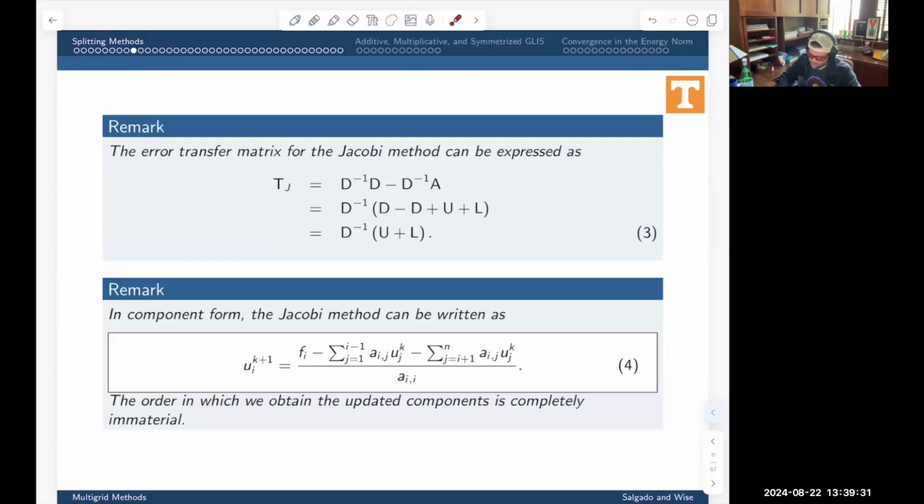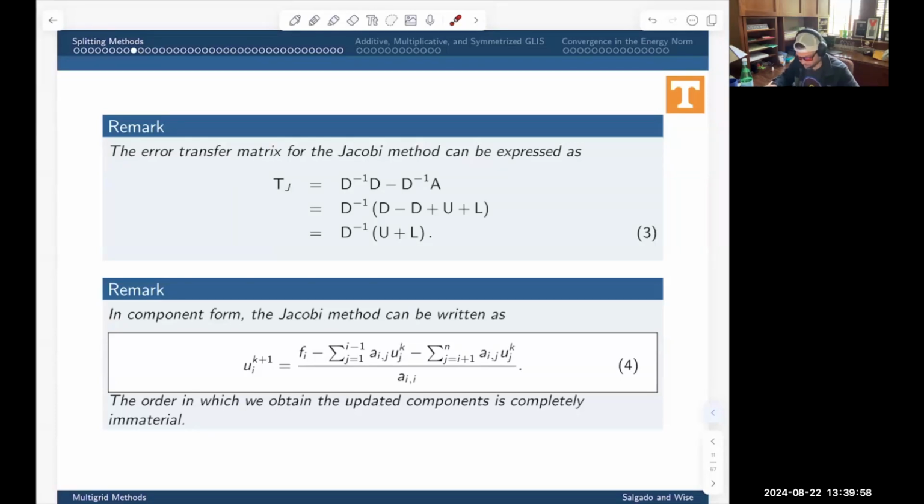So using the distributive property, D inverse times (D minus A), but A is equal to D minus U minus L, so minus A is equal to minus D plus U plus L. So the D's cancel. And lo and behold, we see that another way of writing the iterator matrix is D inverse times (U plus L).